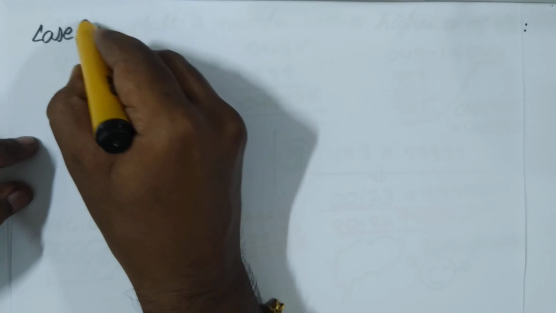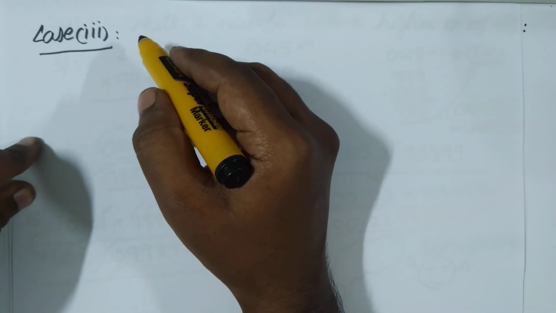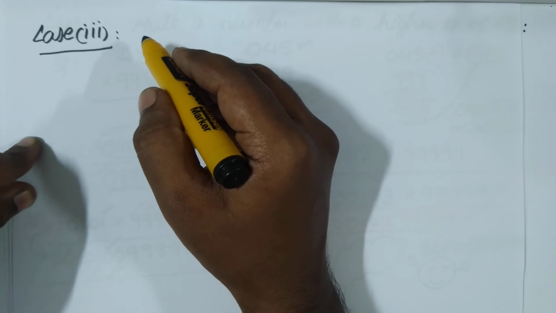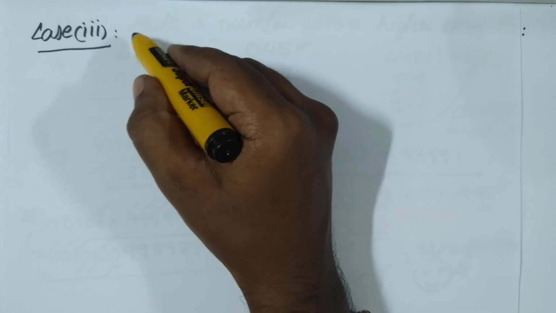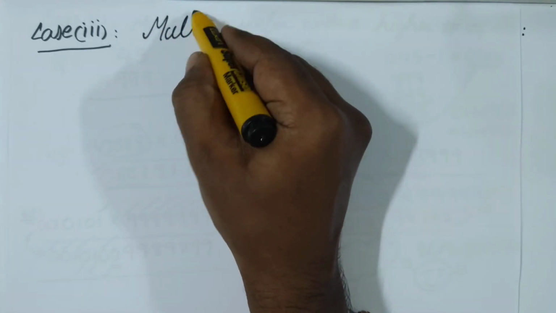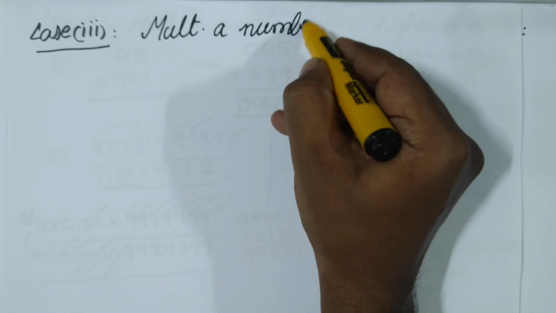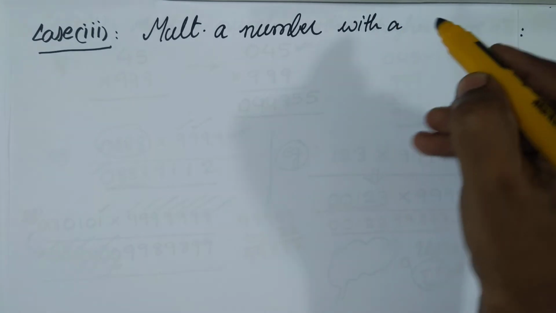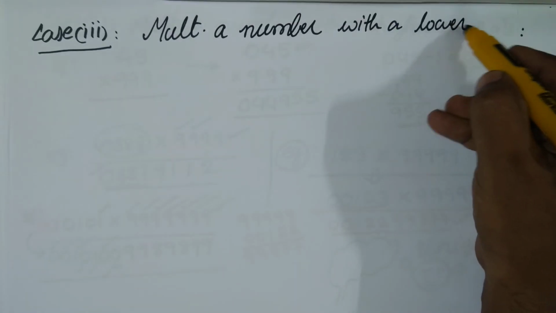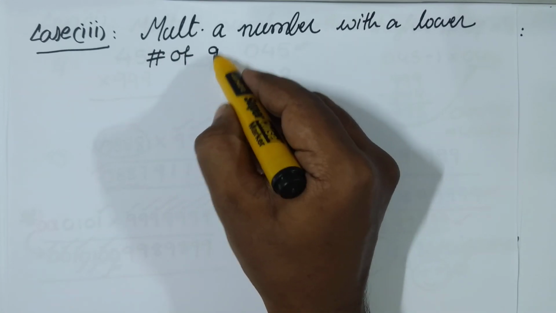In case 3, we have to follow the Nikilam Sutra to its fullest potential. In this case, we multiply a number with a lower number of 9's.